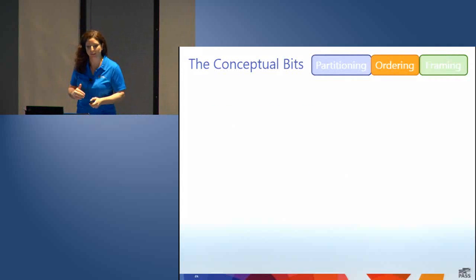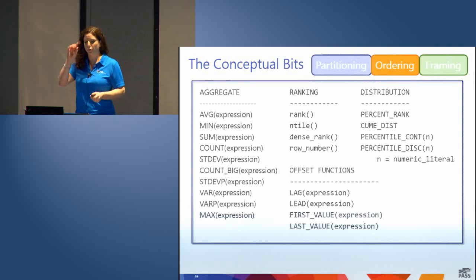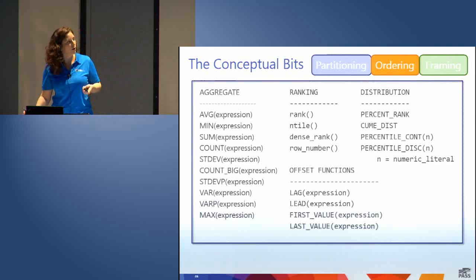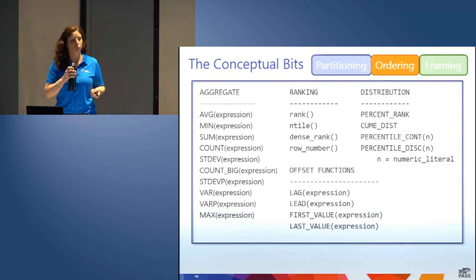All right, we're doing well on time. The last thing we need to talk about before we start looking at code is ordering. Now, as of SQL Server 2012, there are these 4 types or groups of functions that can support windowing.